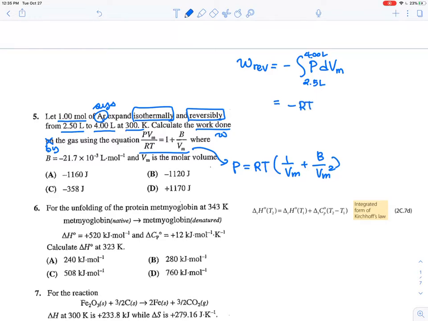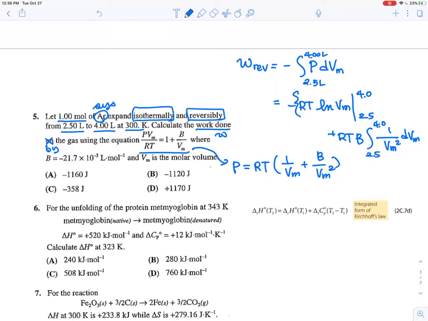So RT natural log of Vm, 4.0 over 2.5, plus, okay, the whole thing is negative, and then the RT B integral of one over Vm squared dVm from 2.5 to 4.0.